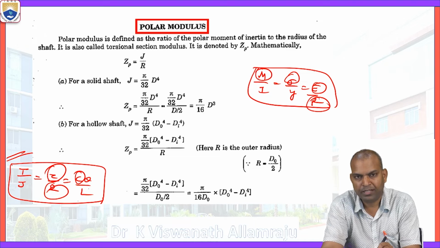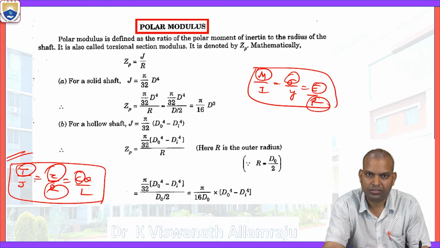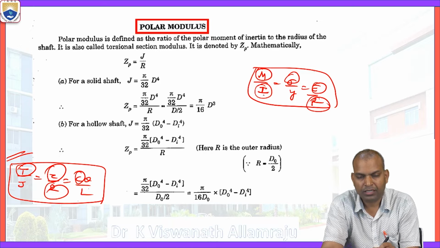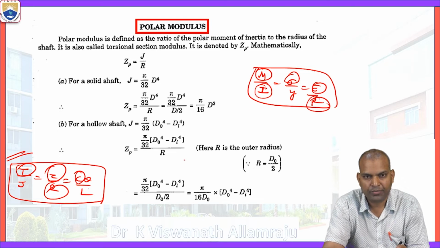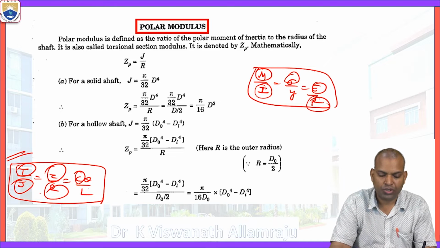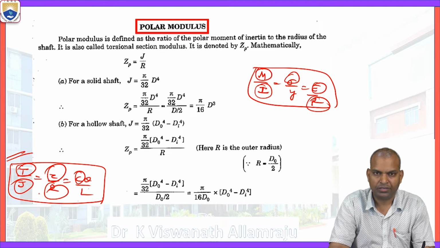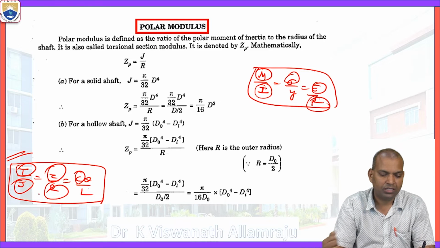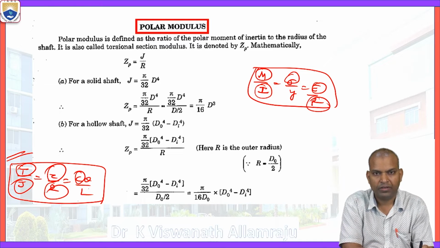Here, the bending moment; here, the torque, the twisting moment. In bending, this is the second moment of area or area moment of inertia; this is the polar moment of inertia. So the pure bending formula is applied for bending stress, and the torsion formula comes when the twisting moment acts on the body or on the component.